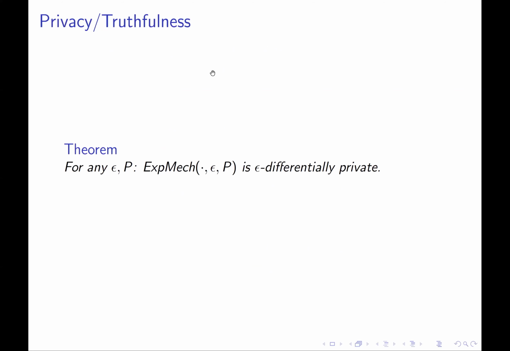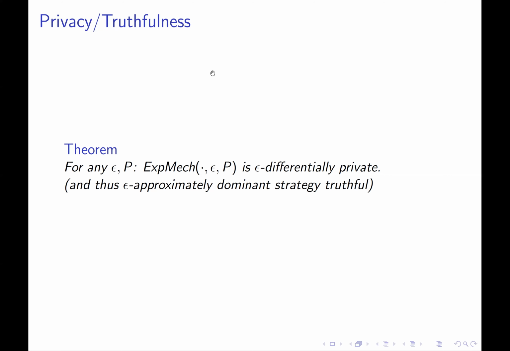And so I want to prove two theorems. The first of which is that the exponential mechanism, with this parameter epsilon, really is epsilon differentially private. That's useful in all sorts of applications. But for us, it's useful because it will imply that the extremely simple auction that will just look at everyone's valuation and then set a take it or leave it offer at the price that is output by the exponential mechanism will be an epsilon approximately dominant strategy truthful mechanism.